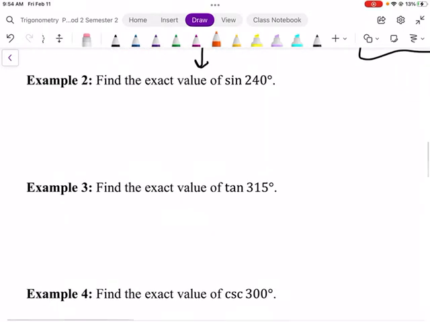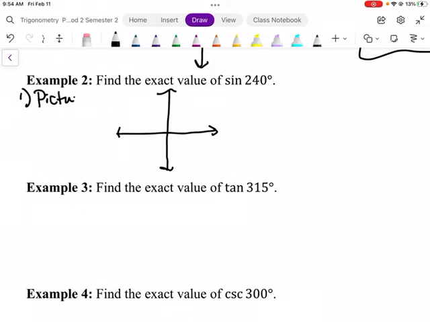So example 2, we're going to find the exact value of sine 240 degrees. So the first thing you're going to do is draw a picture of your angle. So this one we have 240, which would be in the third quadrant.